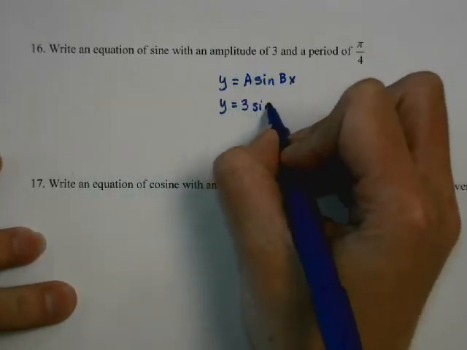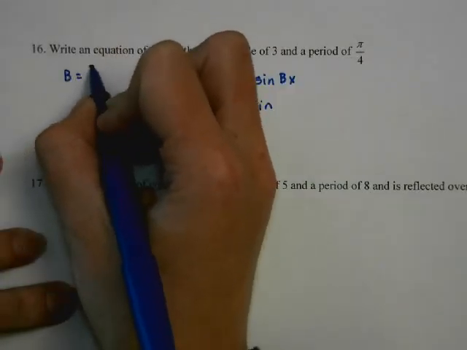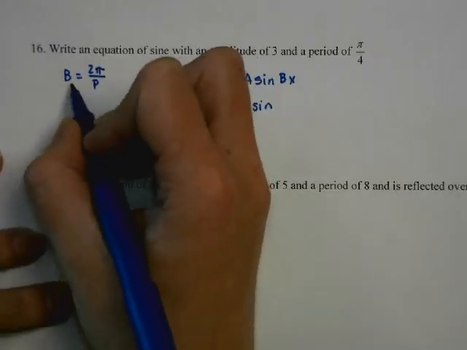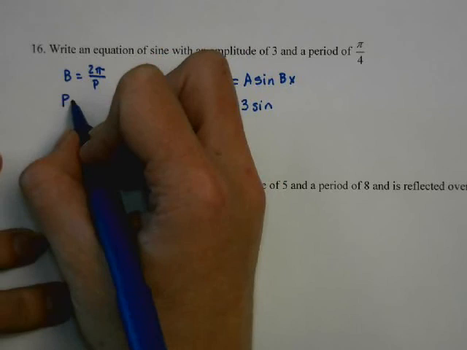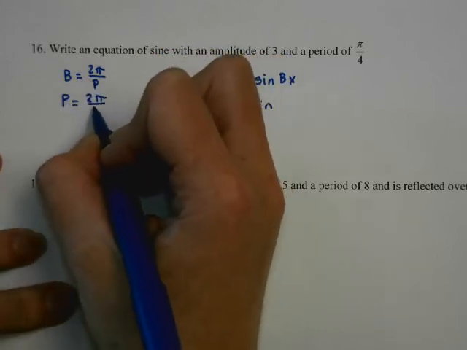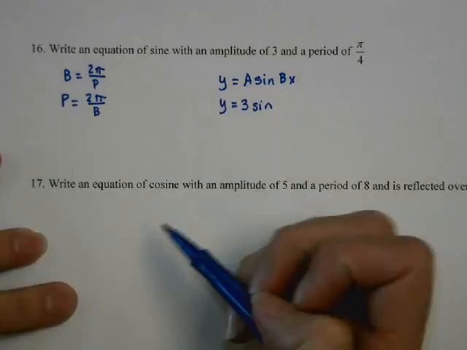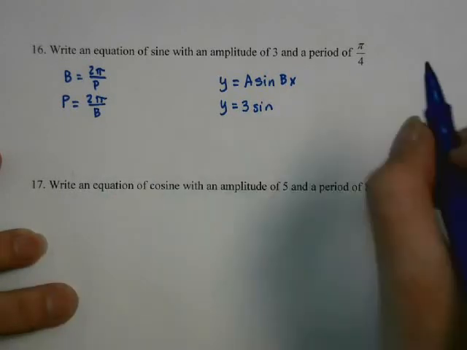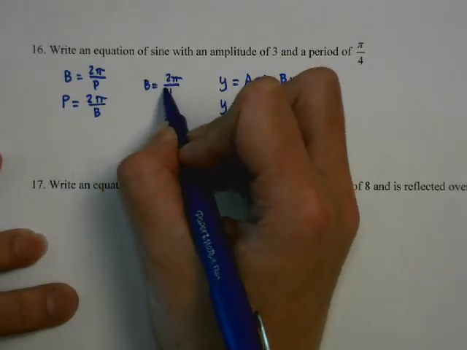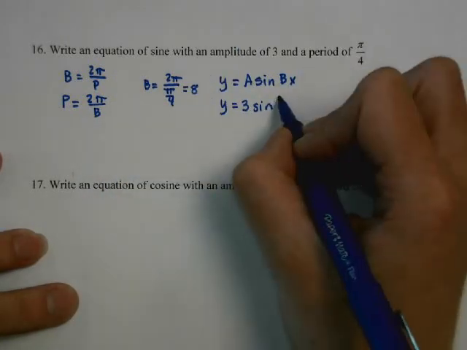For b, sorry, I did this backwards. We know the period is 2 pi over b, which means b is going to be 2 pi over the period. So here, my b is going to be 2 pi divided by pi over 4, which is going to be 8 again. So this is going to be sine 8x.